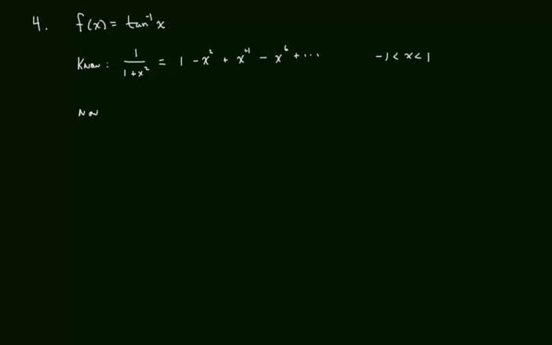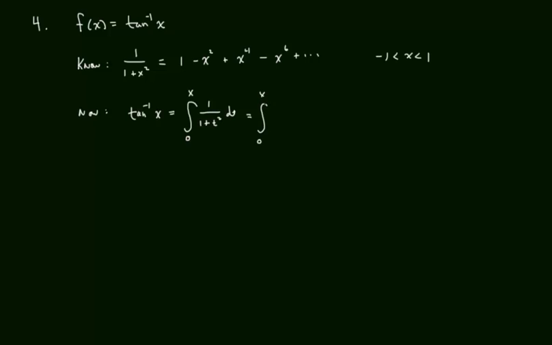And now the relationship, or the note, doesn't matter, that the inverse tangent of x is the integral of 1 over 1 plus t squared dt from 0 to x. And let's do this now.